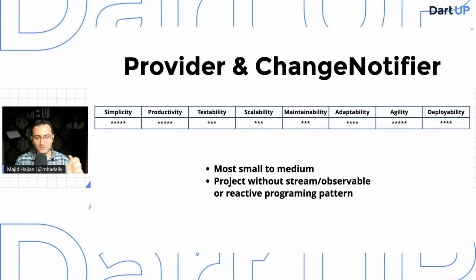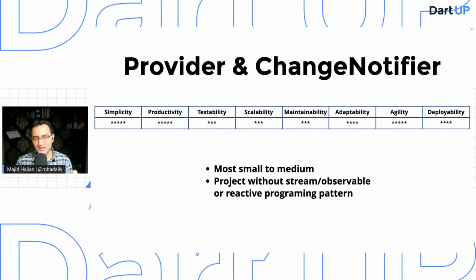The reason is that the author of this package, Remi, has already developed a new package. He also talked to me and said he can mention the name of the new package, kind of like Provider 2. He encouraged you to choose the new package instead of Provider if you are considering that.